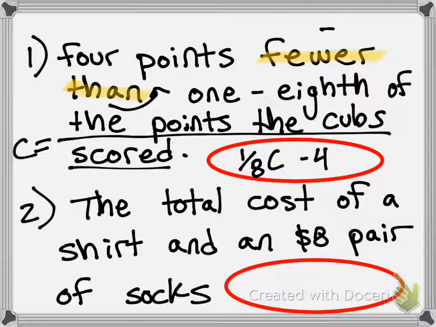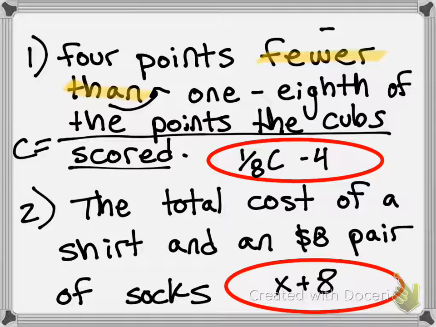What about for the second one, Hannah? The total cost of a shirt and an $8 pair of socks. What did you get? I did x plus 8. Perfect. X plus 8. Because we want to find the total cost. Here is my shirt. Here is my socks. We find out how much I spent. Can I solve these problems?